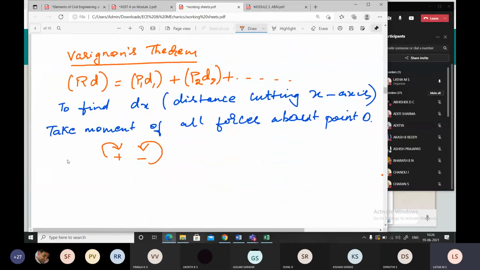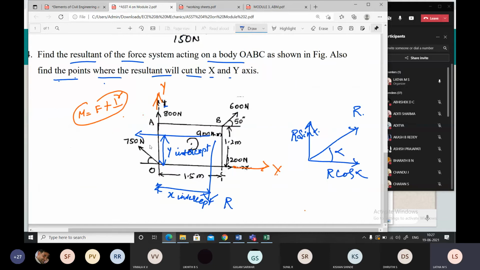So R sin alpha into dx equals. Now one by one you take the moment about point O.